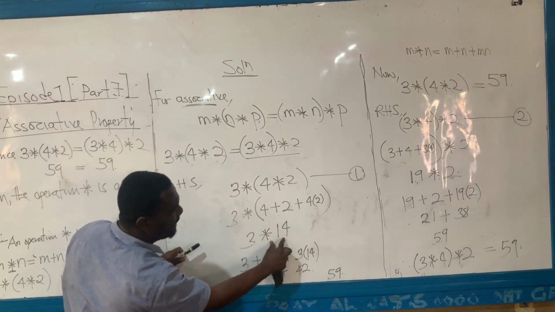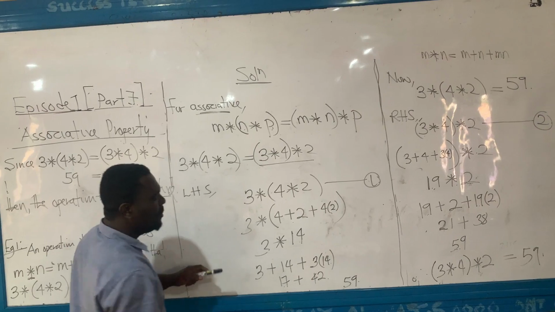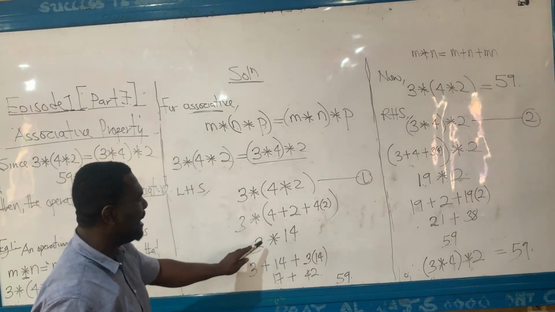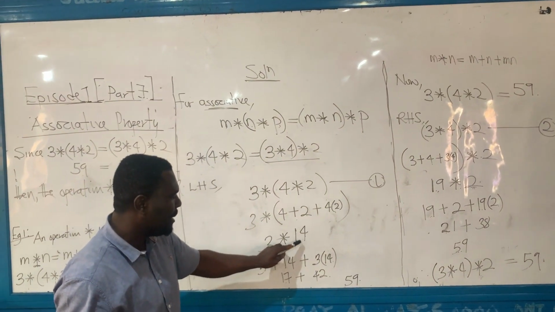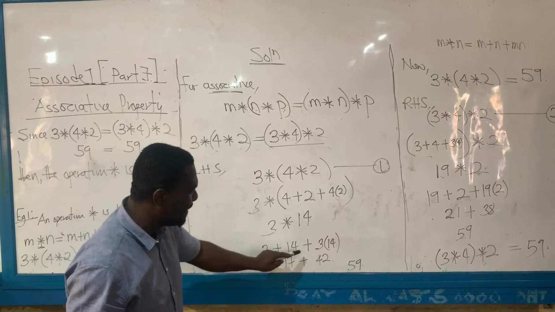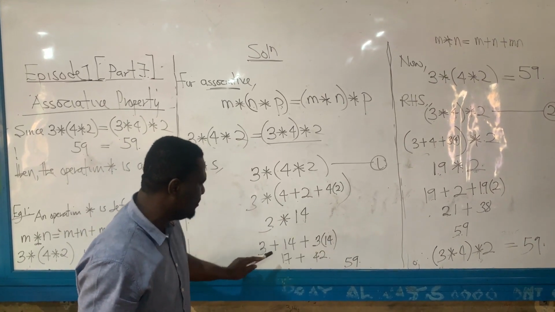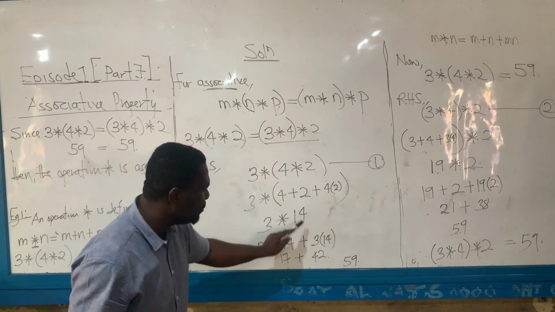It has formed another binary operation, in which my m is 3 and my n is 14. You substitute m plus n plus mn.